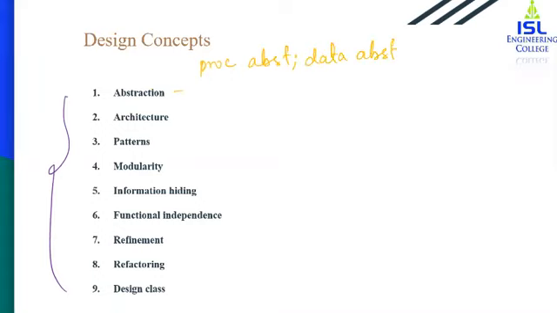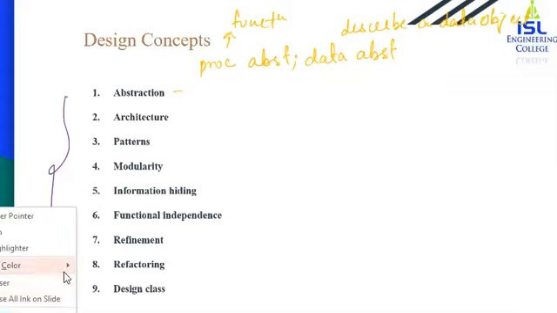Procedural abstraction is going to imply the different functions, whereas data abstraction is going to focus upon the data object. It is going to describe a data object.